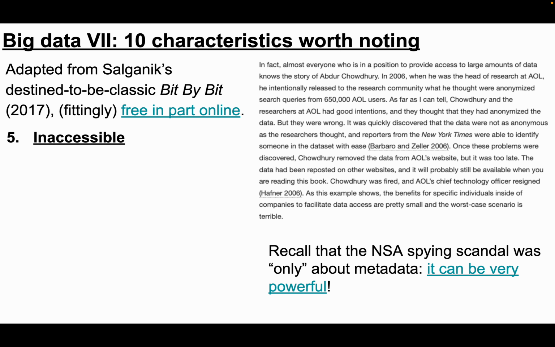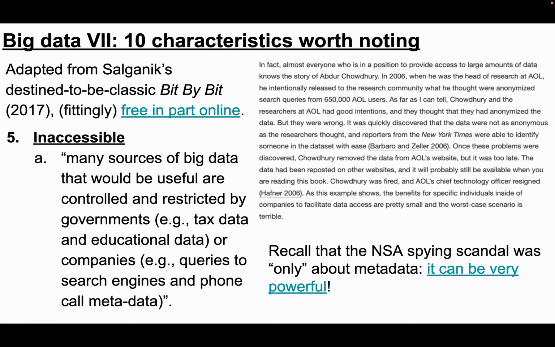One point, again in the con list, and also that might be somewhat surprising, is that sometimes big data are inaccessible. This is directly from Salganik: many sources of big data that would be useful are controlled and restricted by governments or companies. This can be somewhat surprising, but of course there's been a bit of a backlash to the omnipresence of the internet.